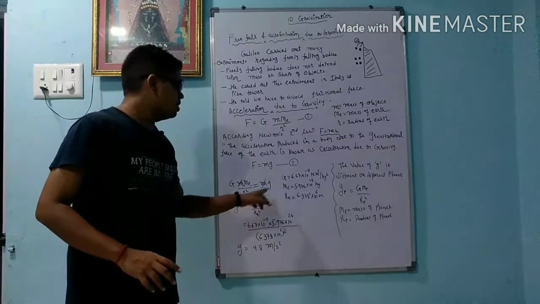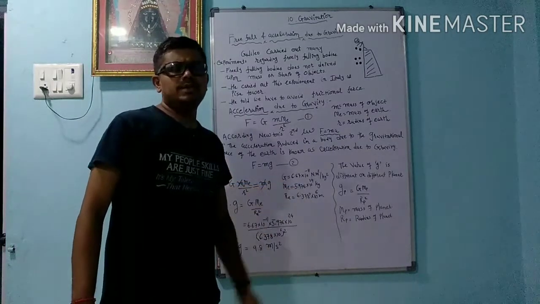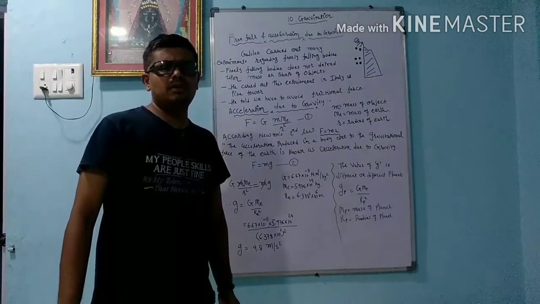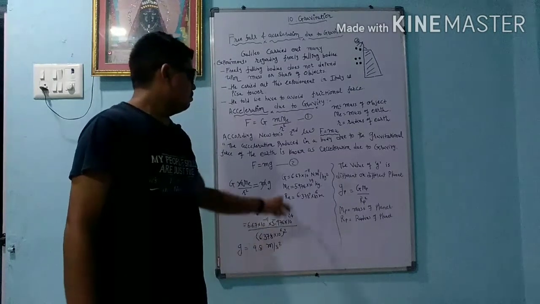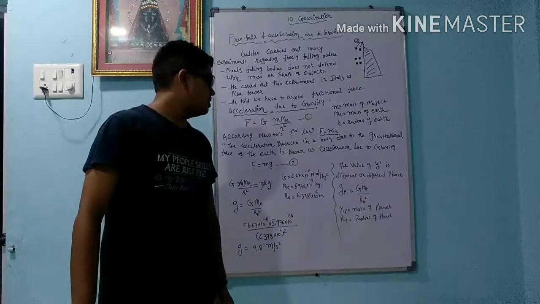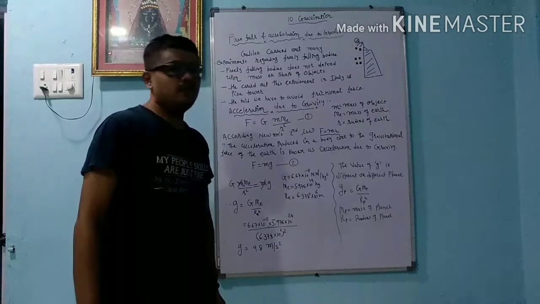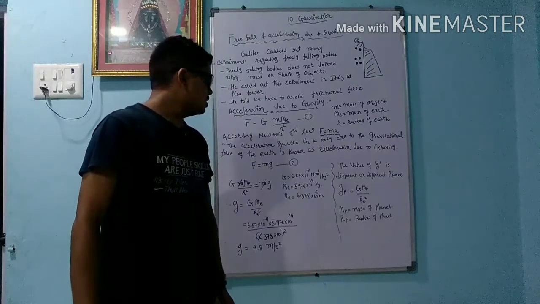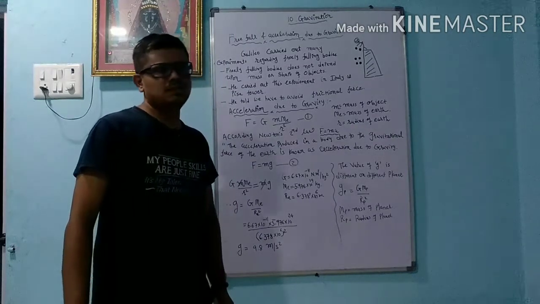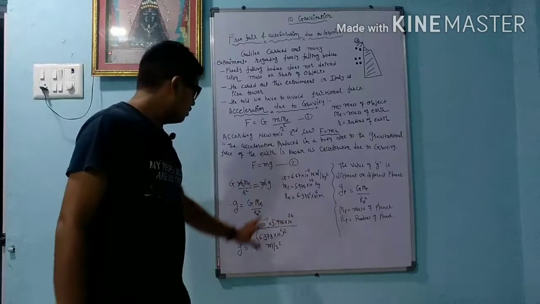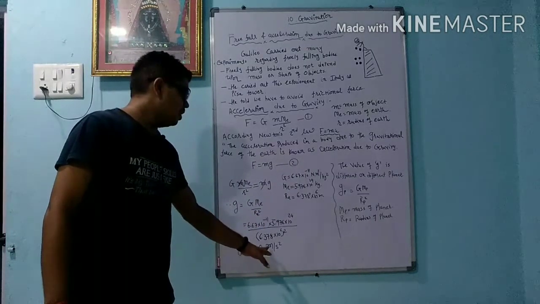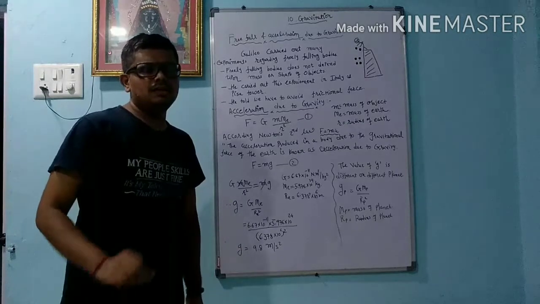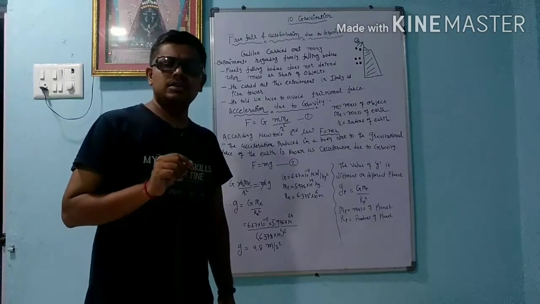If you substitute the values, capital G is 6.67 into 10 raised to minus 11 Newton meter square per kilogram square. Mass of the earth is 5.976 into 10 raised to 24 kg, and radius of the earth equals 6.378 into 10 raised to 6 meter. If you substitute all these values, ultimately we get small g value 9.8 meter per second square. It is not exact, but it is nearly equal.